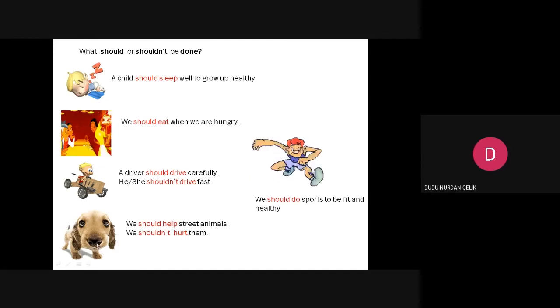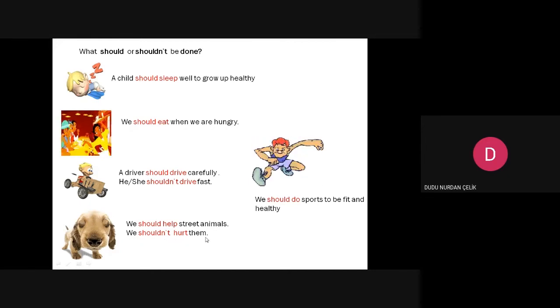How cute, a pet. What a nice dog. Okay, we should help street animals. We shouldn't curse them. They need our help. We should give them some food and give some love, maybe.